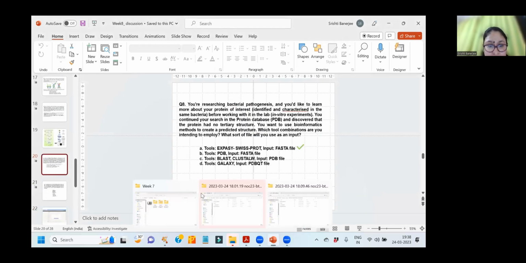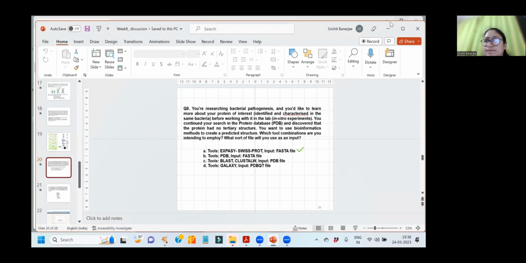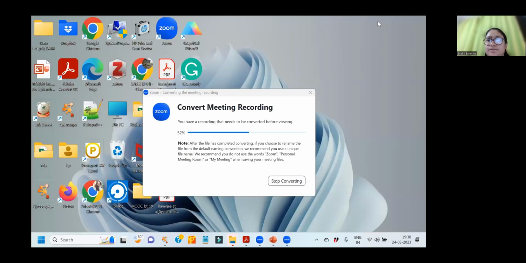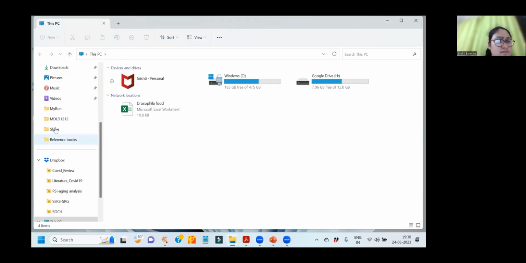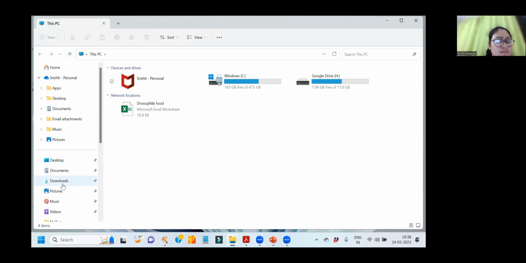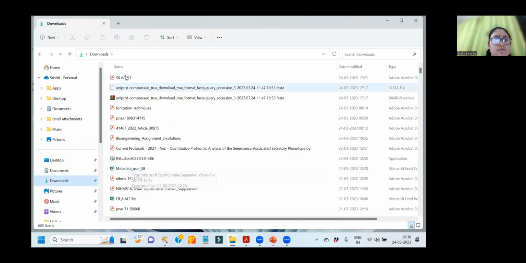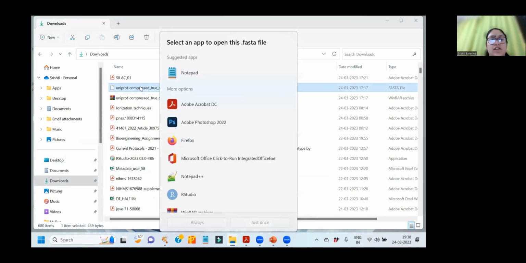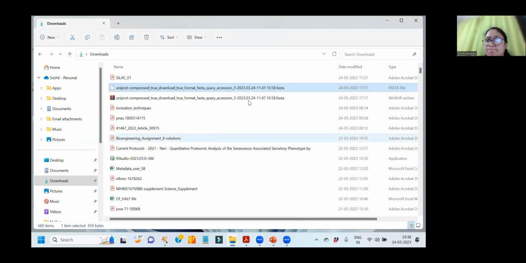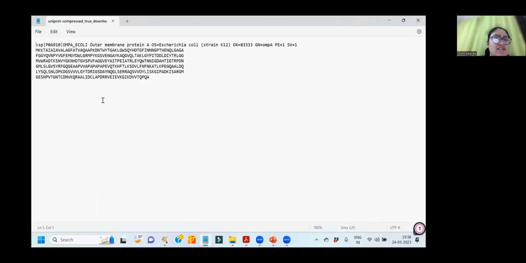And before that, let me show how a FASTA file looks. So I downloaded this particular bacterial protein, which is a porin protein.